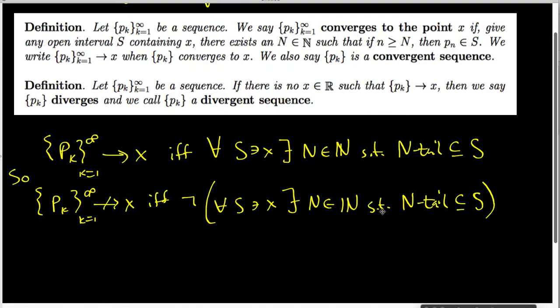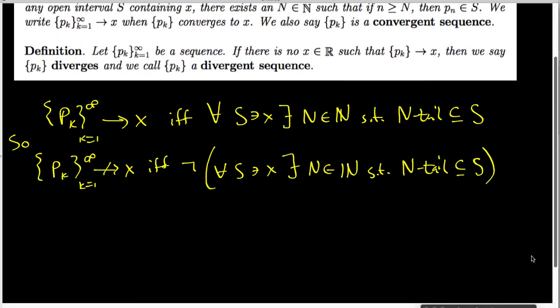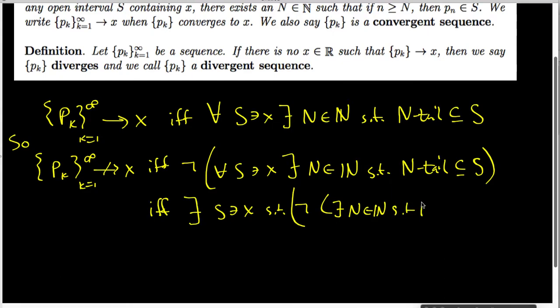Now, to negate this compound statement, which is a doubly quantified statement, I'm going to negate it in parts. This statement is equivalent to: there exists an S that contains x such that the negation of "there exists an N inside the natural numbers such that the N-tail is a subset of S" is true.